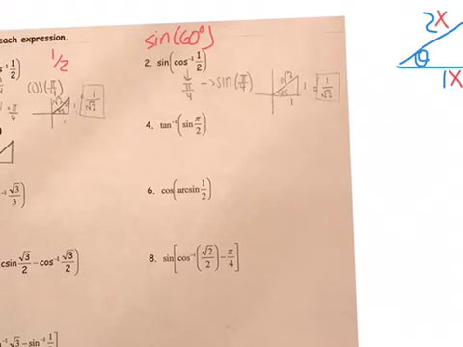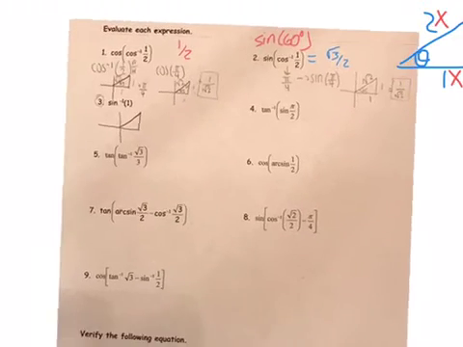So the answer to that is most definitely radical 3 over 2. Okay, so sine 60 is radical 3 over 2. Anyway, hopefully that makes sense to my student.